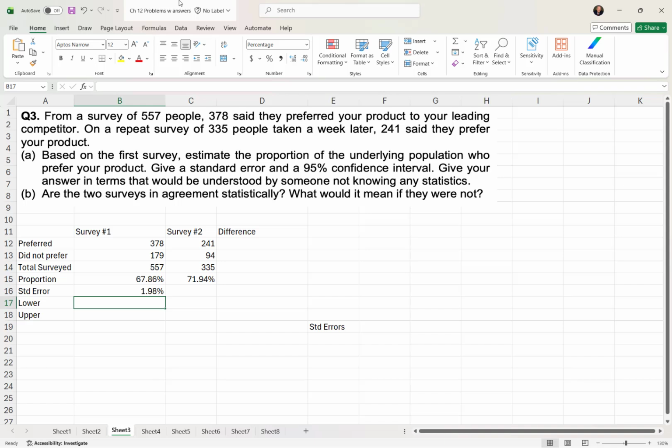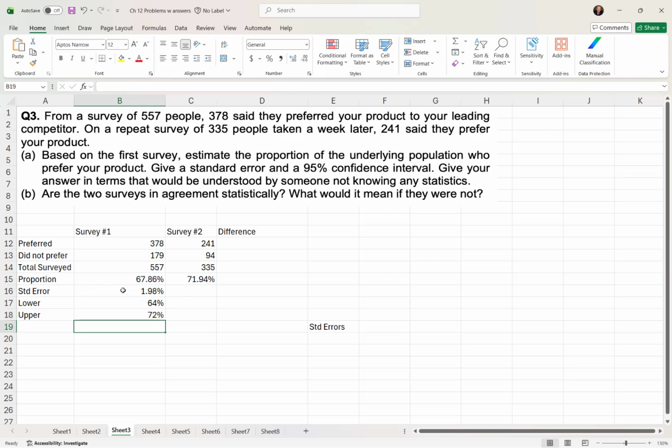From that, we can calculate the upper and lower bounds of a confidence interval. So for the lower bound, it would be equal to the mean, which is 67, minus 2 times the standard error, or 64%, and the upper one would be equal to the average plus 2 times the standard error.